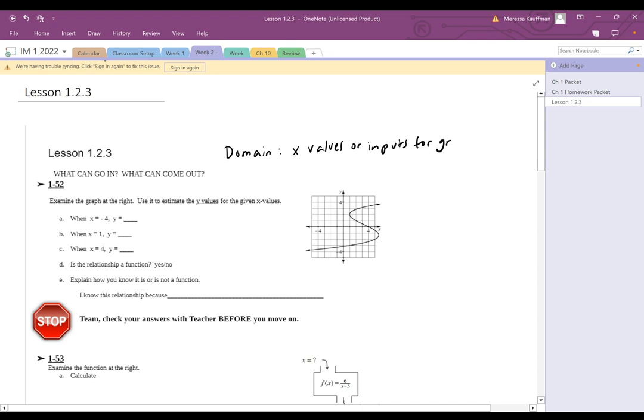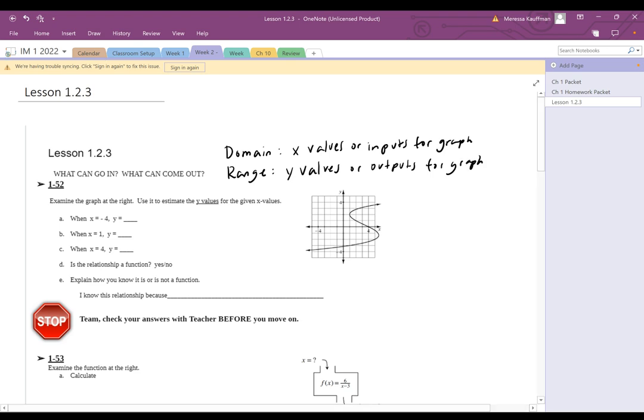And we actually have a better definition below, but I just wanted to kind of start you guys off with your head here of what we're doing. This is the range, are the Y values or outputs for the graph.